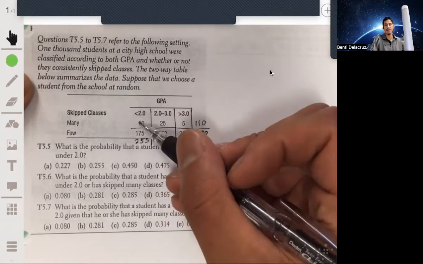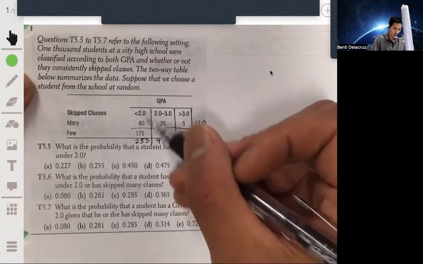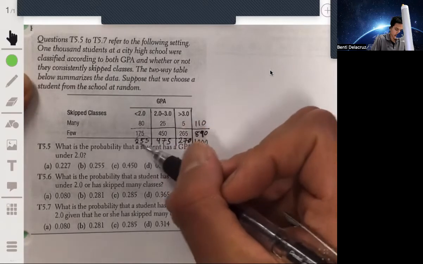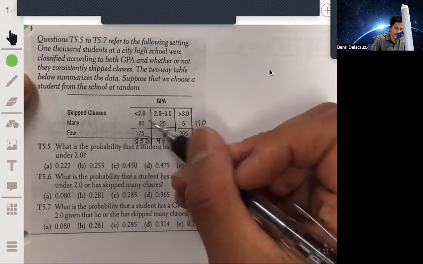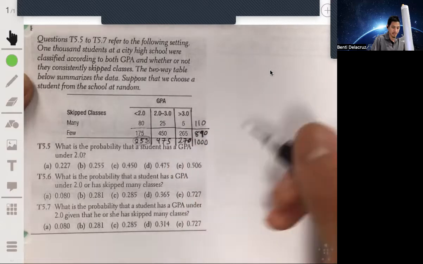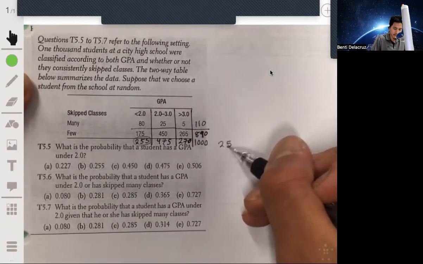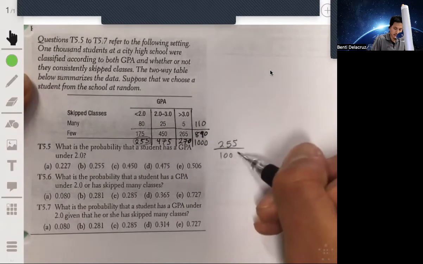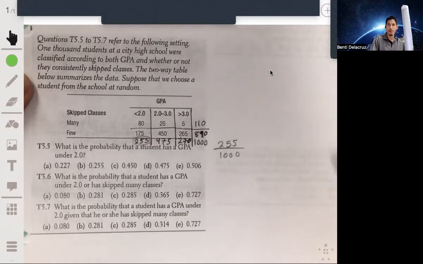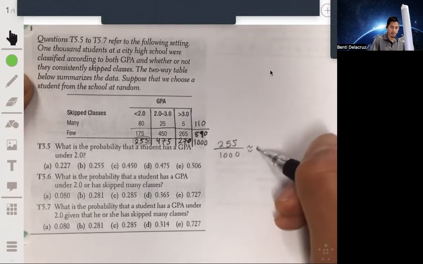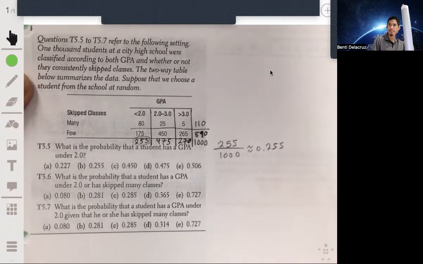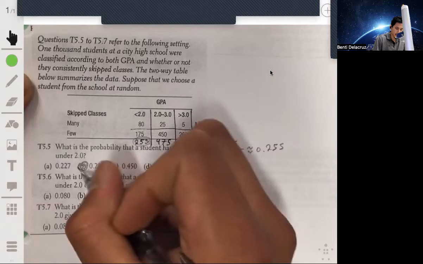We just care if they have a GPA less than 2.0. And the total is 255. There are 255 total students that have a GPA less than 2.0. So we do 255 divided by 1,000, and that will be 0.255.